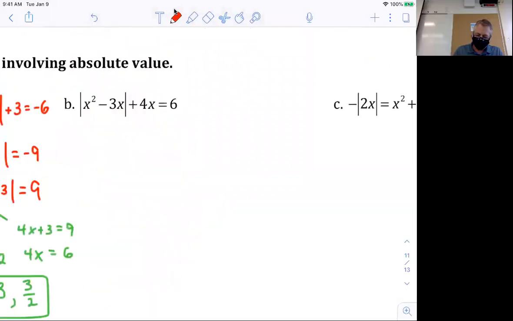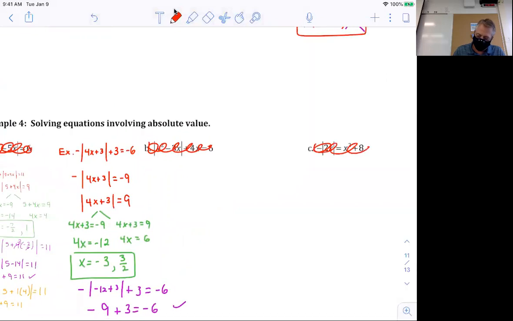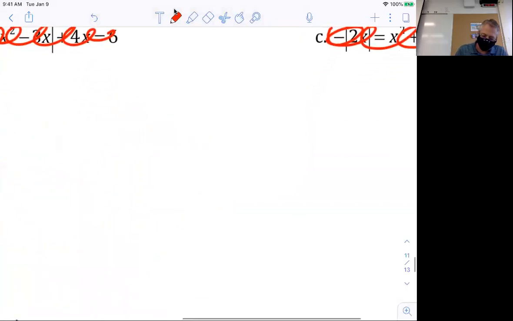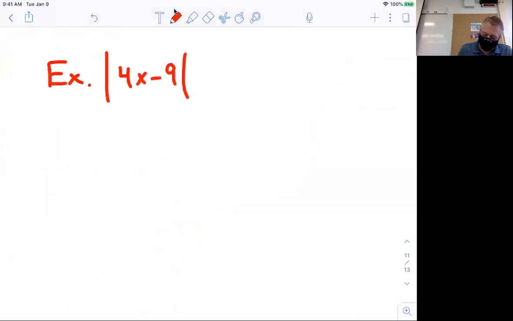So for our next example, again, I'm going to get rid of this. So let's say we had the absolute value of 4x minus 9 is equal to 5x.